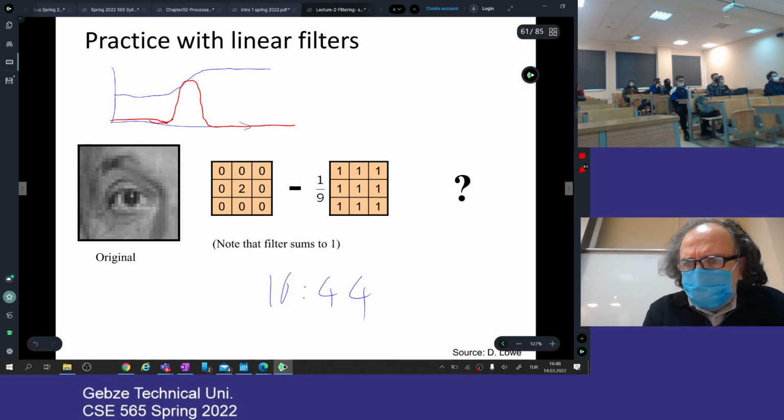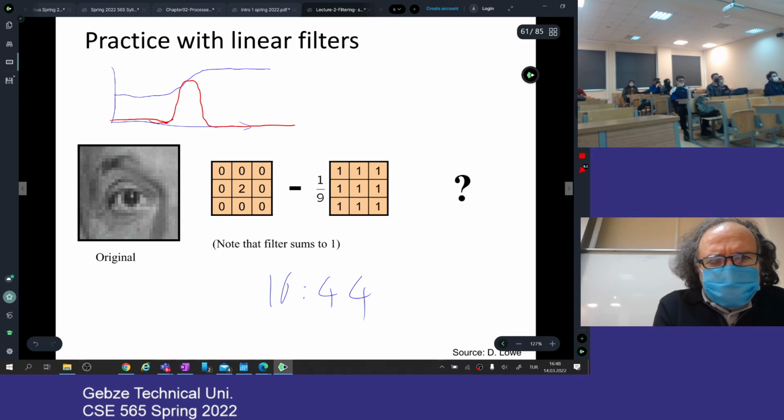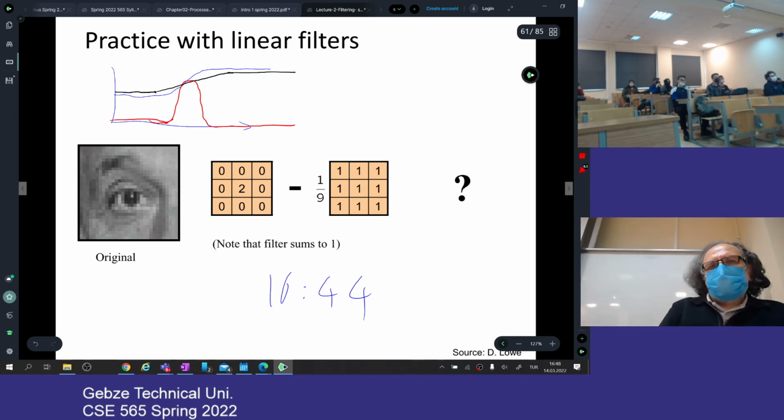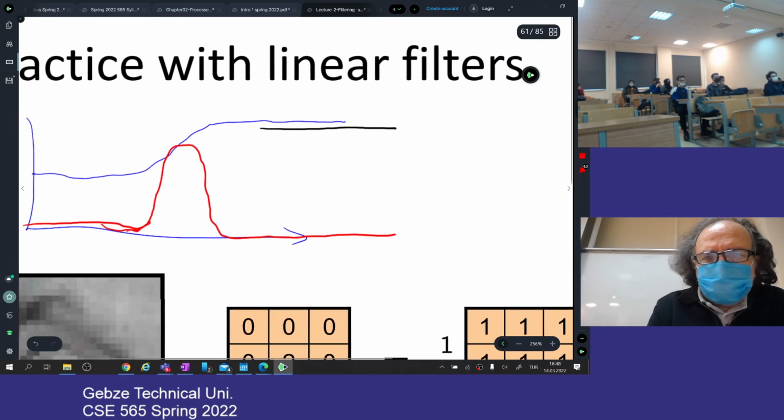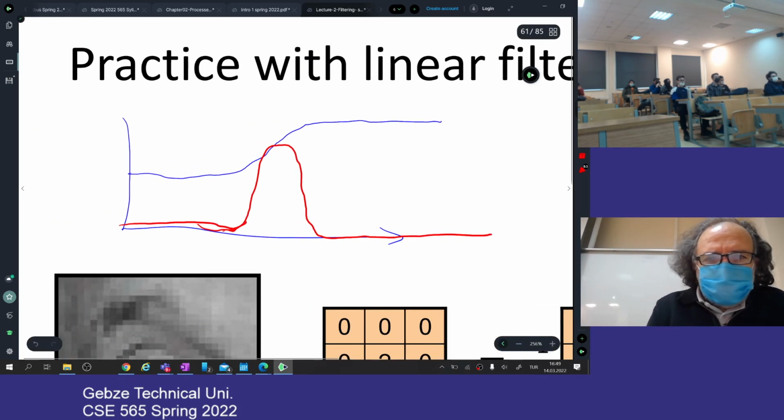The average will start around here like that, and it will end around here like that, and it will be smoothly doing this, right? Maybe I didn't do it very well. Let me try to do it again. Okay, so it will start like that, smoothly it will go, and smoothly it will converge.